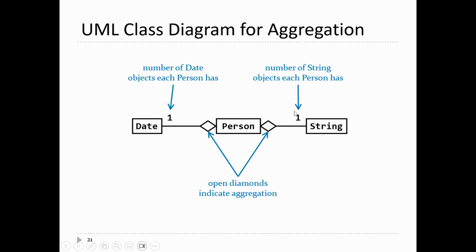Often you'll see this called the whole object, and the date and the string would be called the part objects. So a person is made up of a date and a string. The person is the whole, and the date and string are the parts. So the diamonds go on the whole object. They are open diamonds. A closed diamond means something else in UML. And so this diagram simply says person is an aggregation of one date, and person is an aggregation of one string.